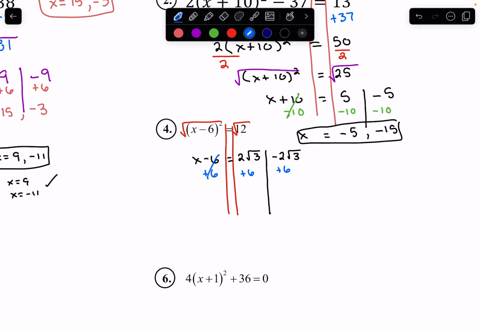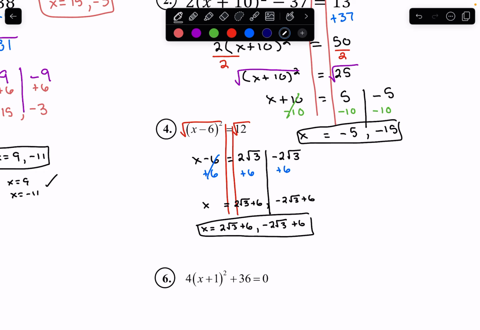So if you don't want to write the ugly decimal, you can just say x equals 2 root 3 plus 6 and negative 2 root 3 plus 6. Those are your two answers. So you can say x equals 2 root 3 plus 6, comma, negative 2 root 3 plus 6.